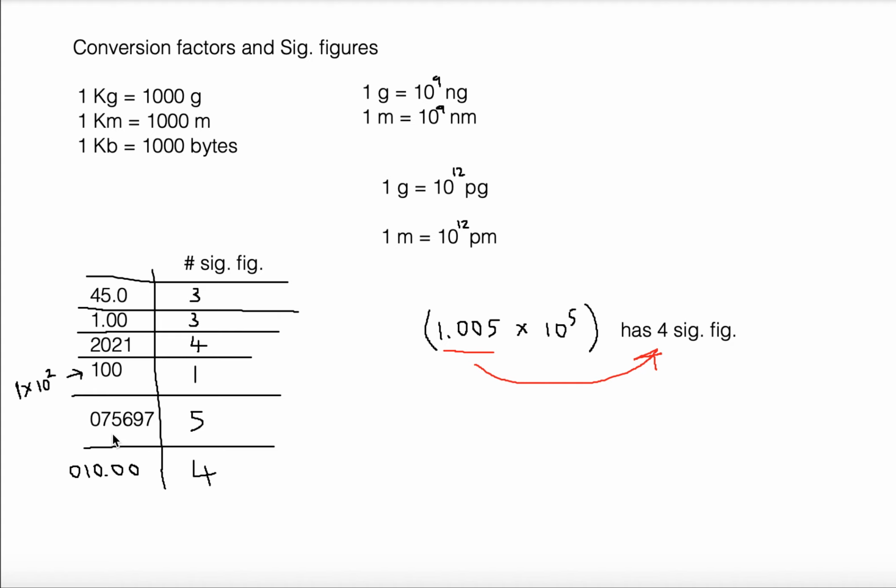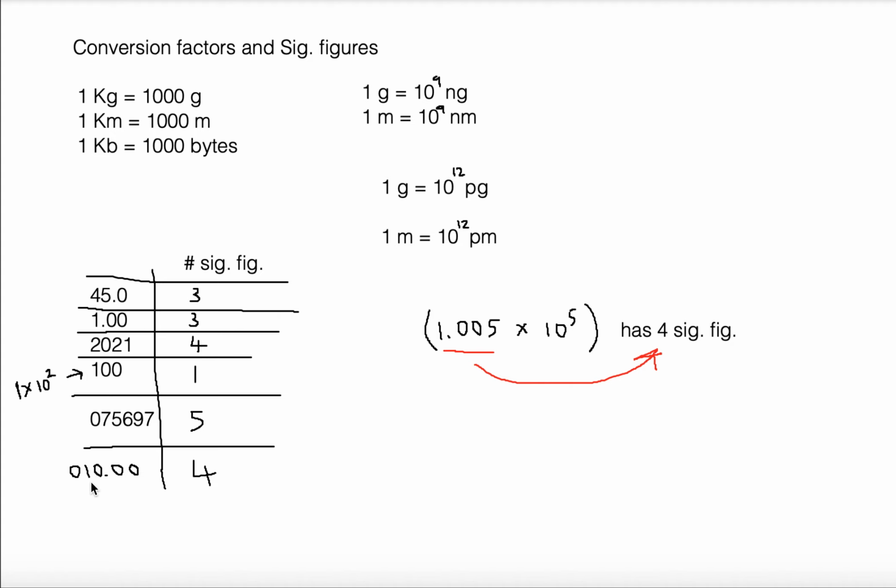Now, here's a good example. You start out with 0, so that has no value whatsoever. We're not going to count that. But starting from 7, 5, 6, 9, 7, that will have 5 significant figures. And finally, here's another example. Last but not least, the 0 at the beginning doesn't count.